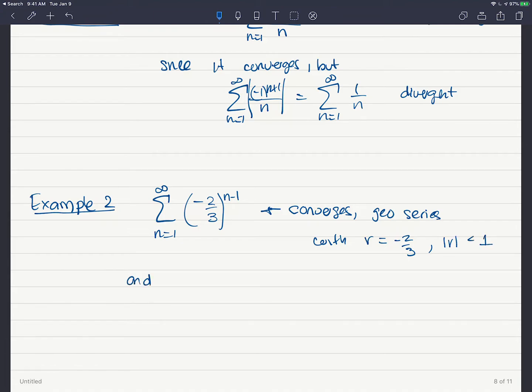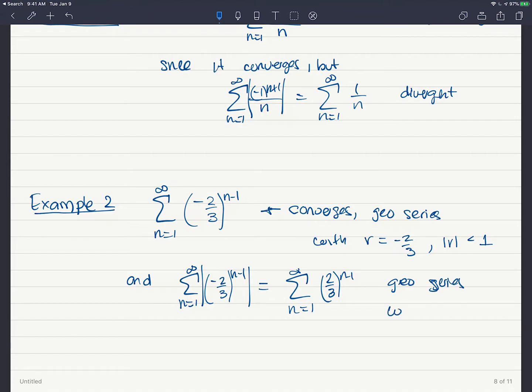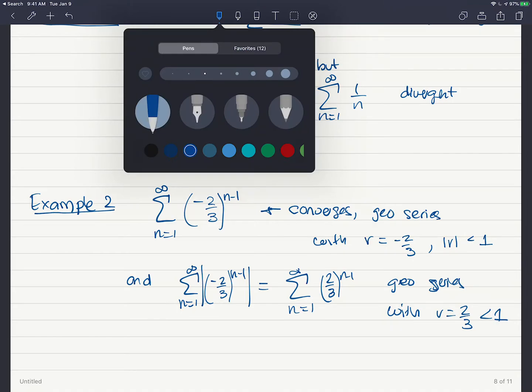And if you put absolute values around it, all we're doing is erasing that negative sign, and it's still a geometric series, but now r is positive 2/3. So it still converges, so this one converges absolutely.